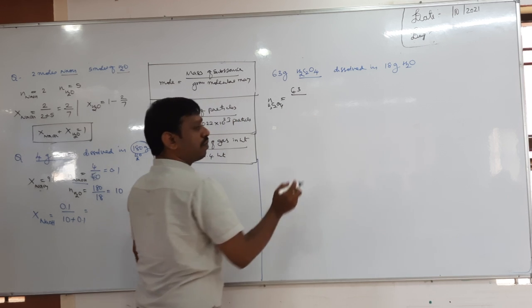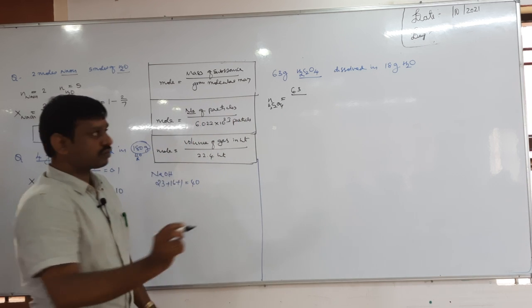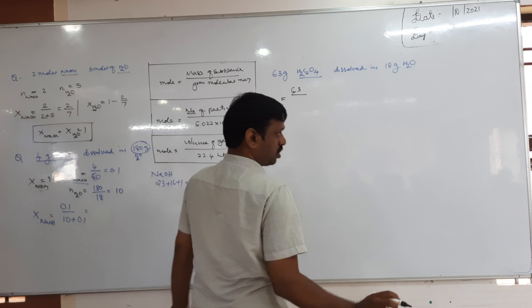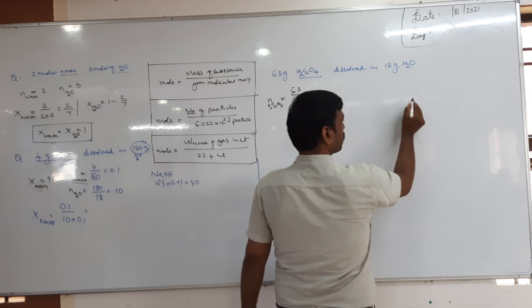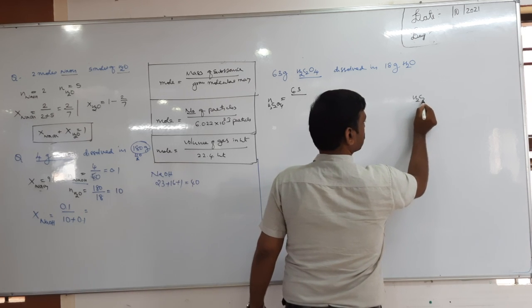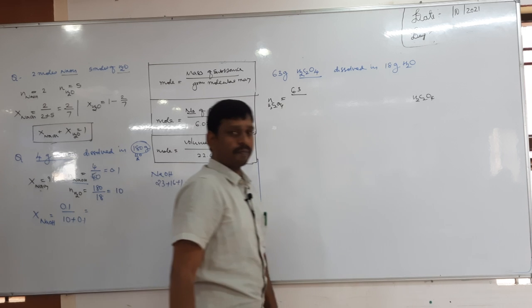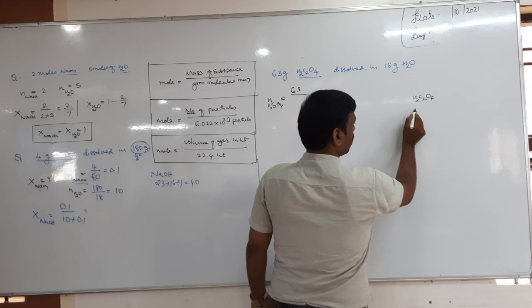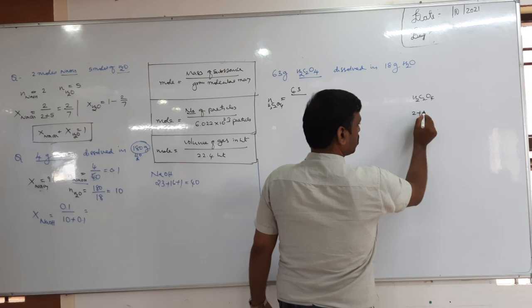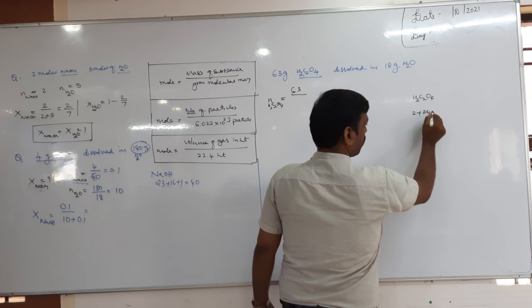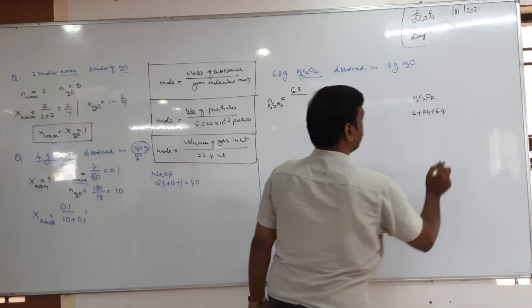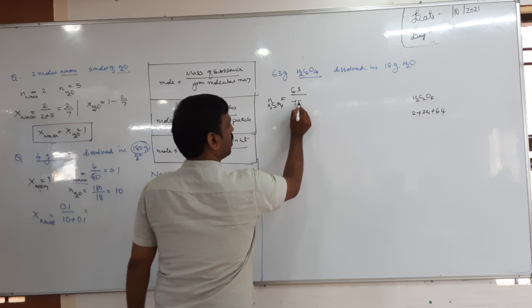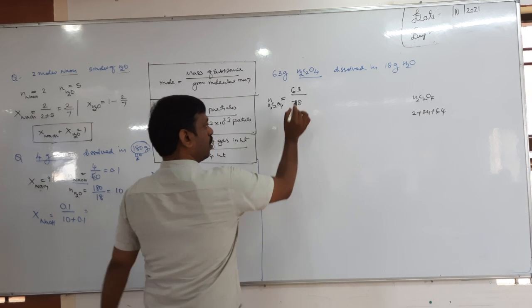Then what is the gram molecular mass of H2C2O4? 2 plus 24 plus 64.